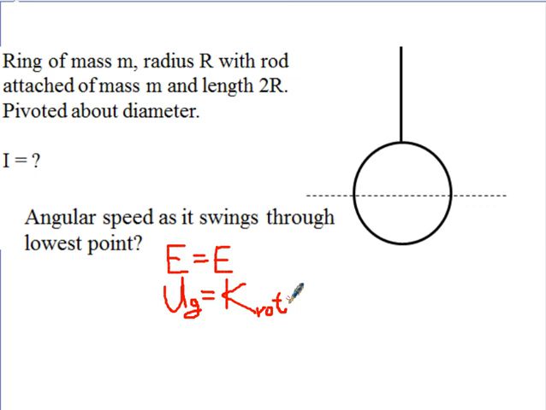Notice I do not add on a term for translational kinetic energy. If this axis for the object is fixed, then there is no translational kinetic energy when I deal with this object as a whole. Now, if you wanted to deal with each of the little pieces of this object and work out the kinetic energy of each of those little pieces and add them up, you could say that the gravitational energy becomes kinetic energy.